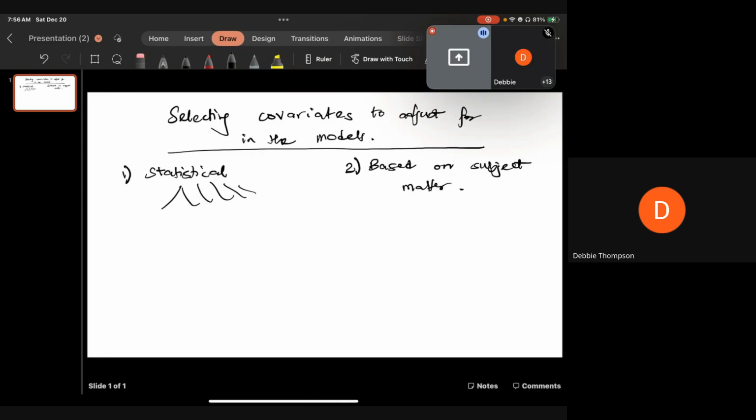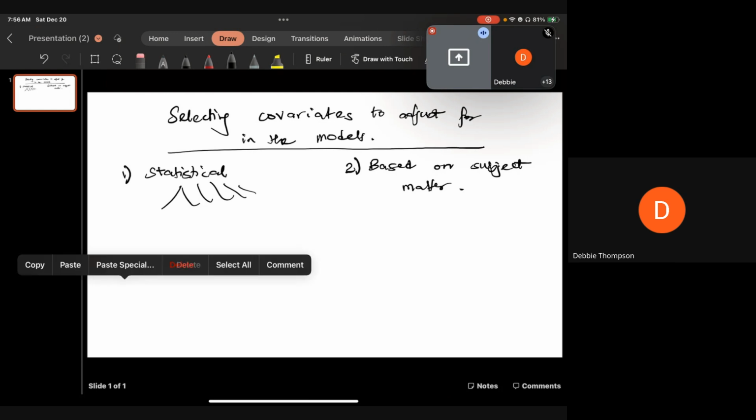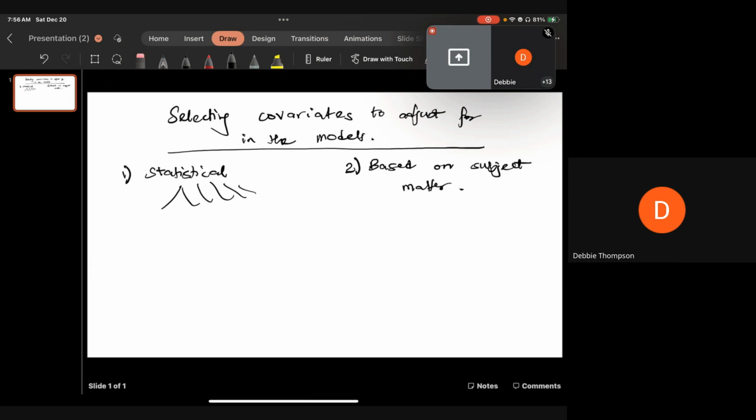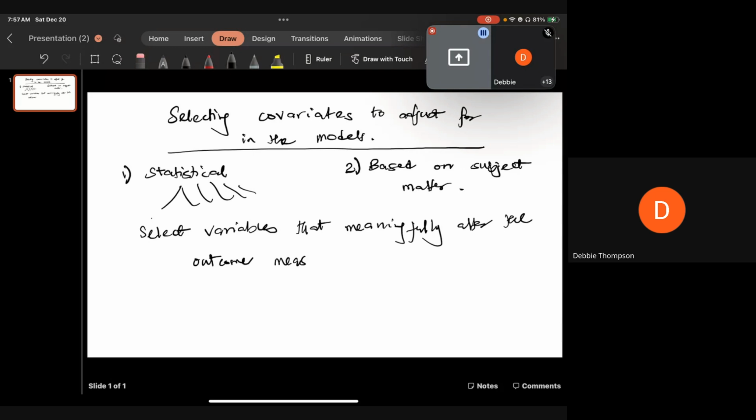In the statistical approach, you have multiple steps. Broadly, what you want to do is select variables that meaningfully alter the outcome measure.